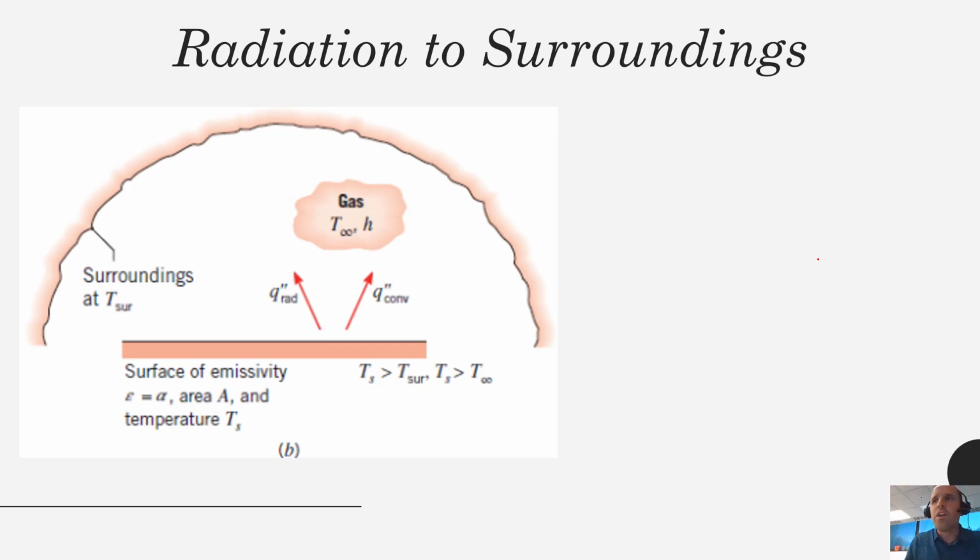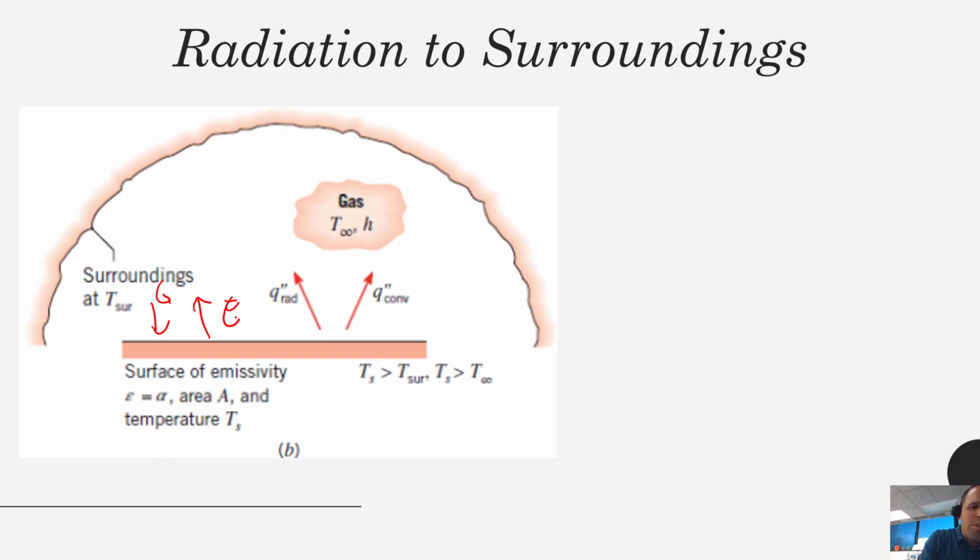So if we have radiation to the surroundings, so we have our surface here, it's going to be emitting radiation. This q double prime rad is the net radiative heat flux coming from the surface. So that takes into account both E, what the surface is emitting, and G, what is hitting the surface.